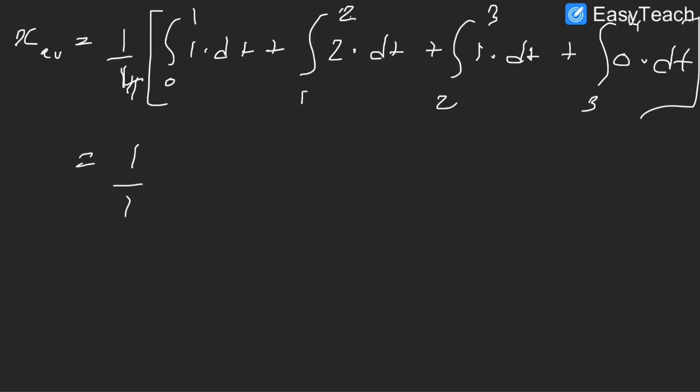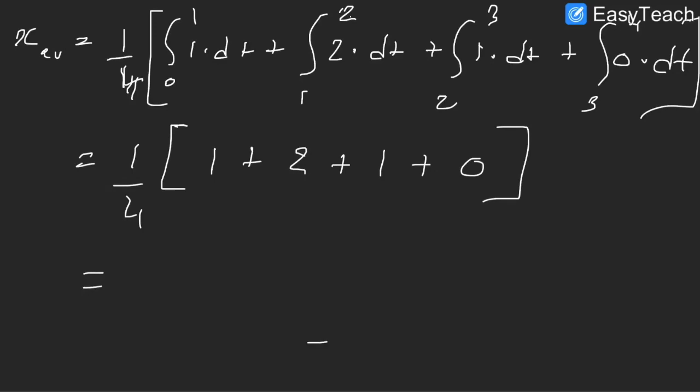So this is going to be 1 over 4 as I showed you. This value is just 1, this is going to be 2, this is going to be 1 again, and this is going to be 0. So that's 4 over 4, and this average value is just 1.